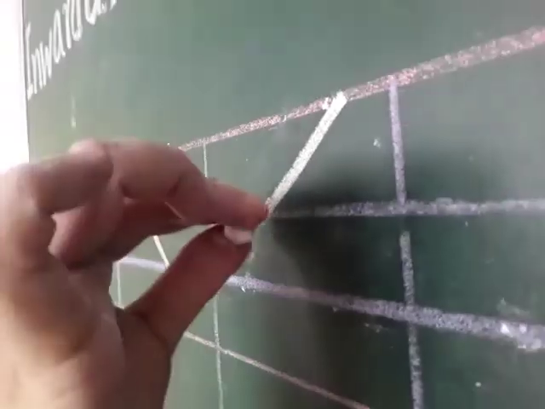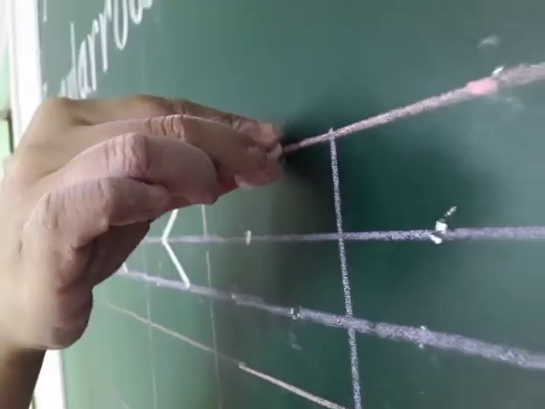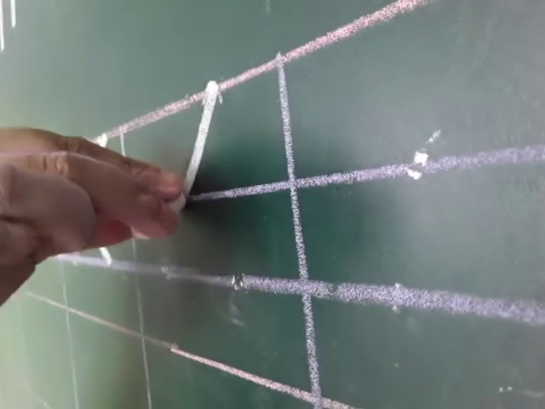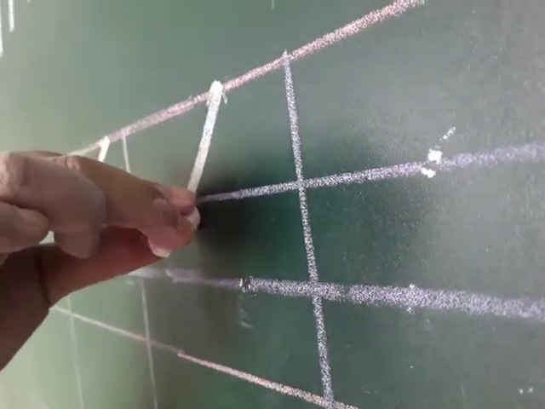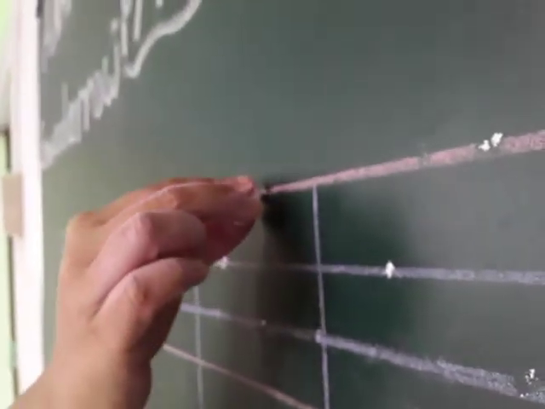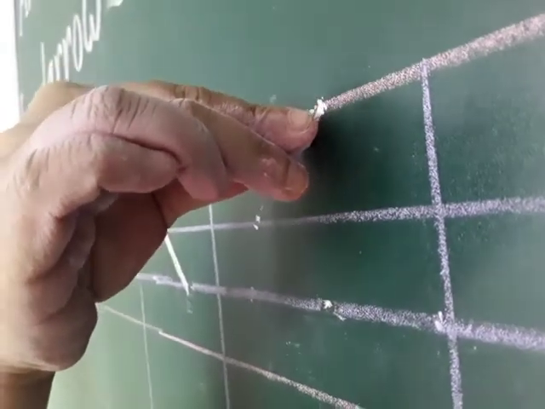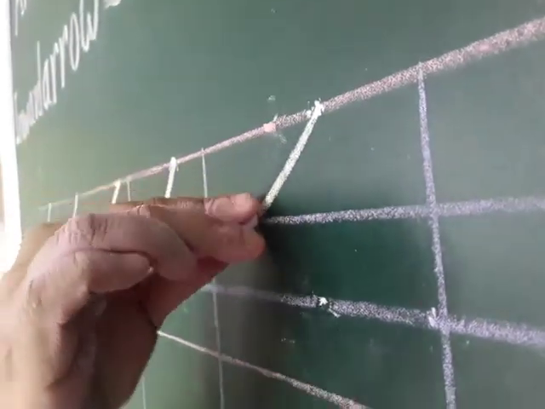Right slanting line, left slanting line. Come down, continue the line, come down and complete the left slanting line. Practice it. Make sure that your pencil is sharp.